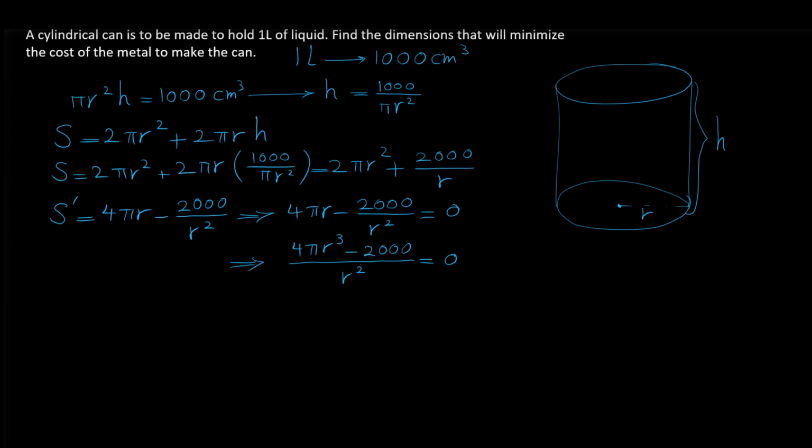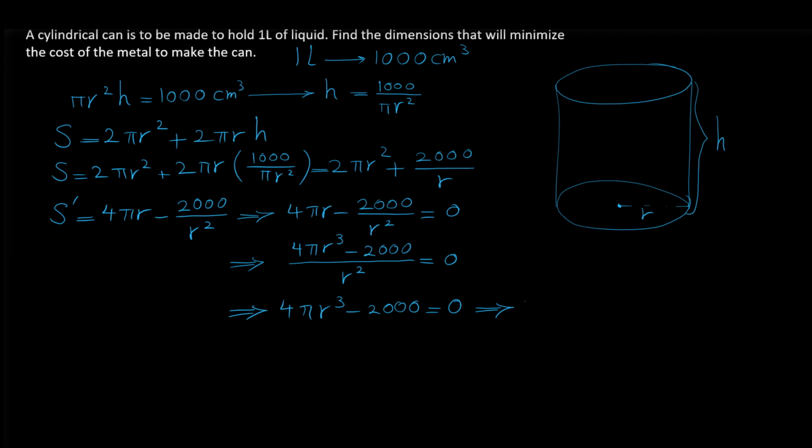This fraction equals 0 when the numerator is 0, so we ignore the denominator and just set the numerator equal to 0. And so 4 pi r to the 3 minus 2000 equals 0.